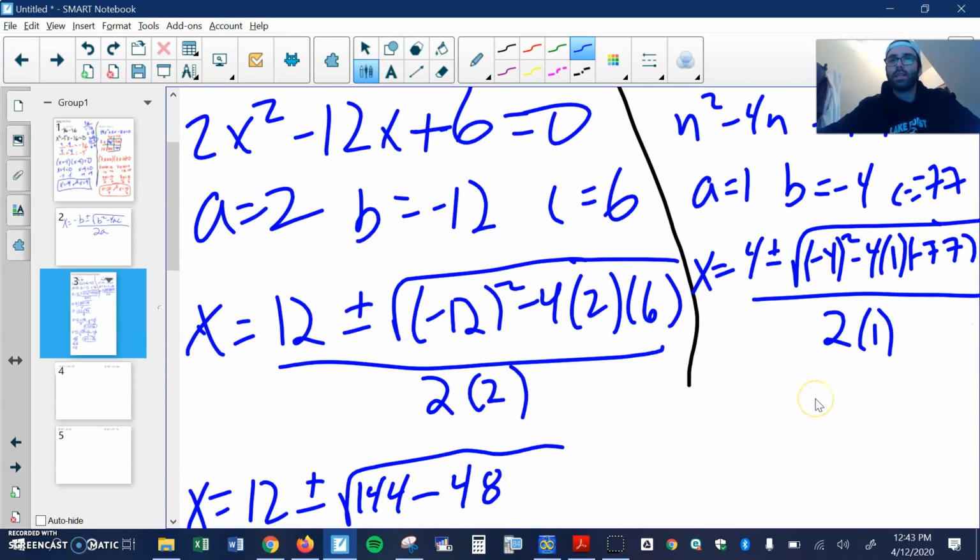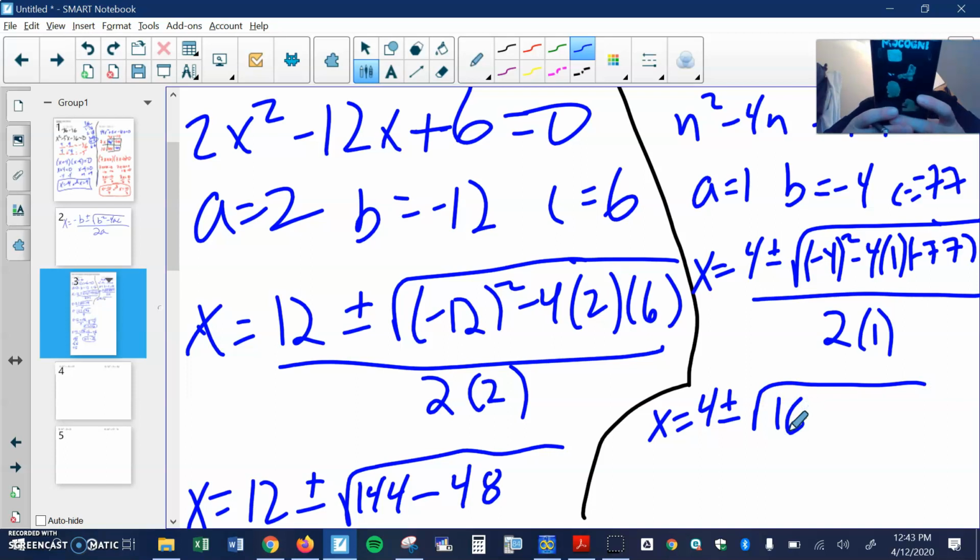All right, so let's keep going here. So x equals 4 plus or minus negative 4 squared, remember, is positive 16.